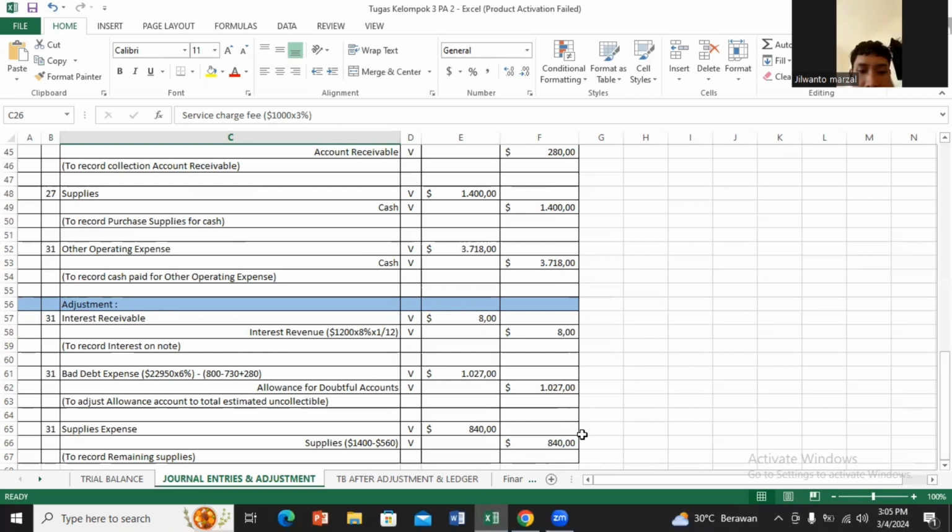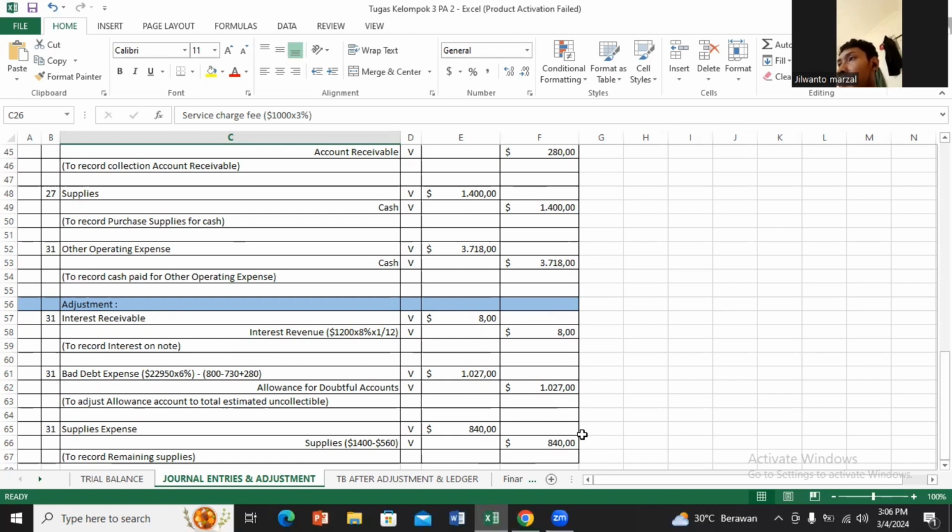Next, the third one, account of supplies on January 31 revealed that $560 remain unused. So the expense of supplies in this month is $840 because the remaining supplies is $560.